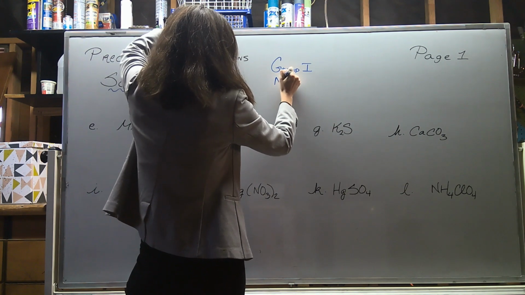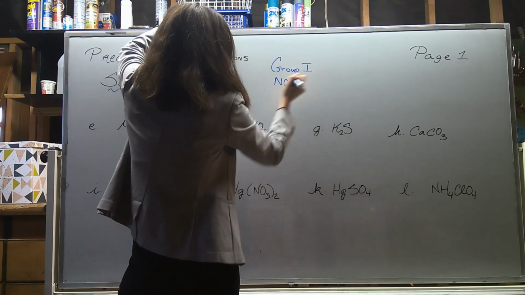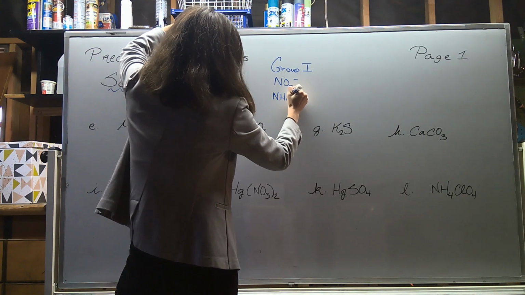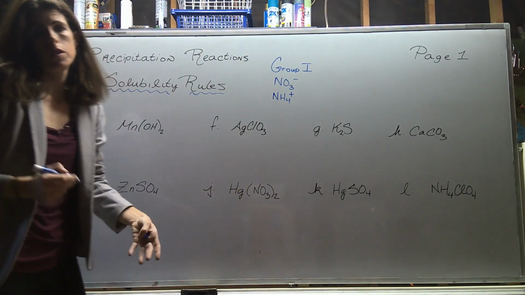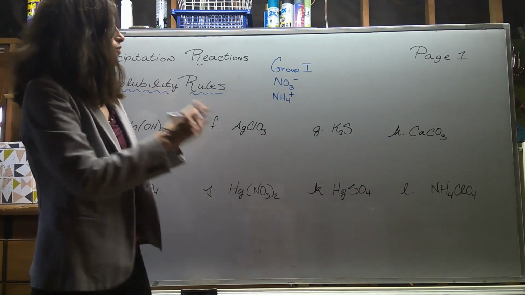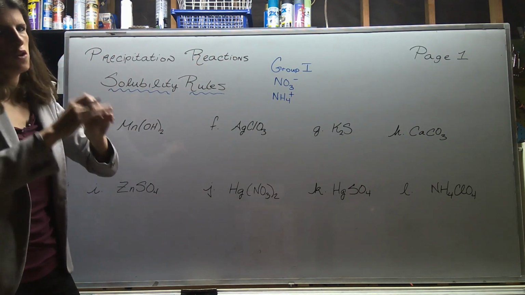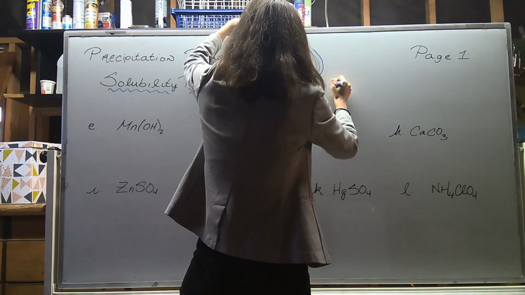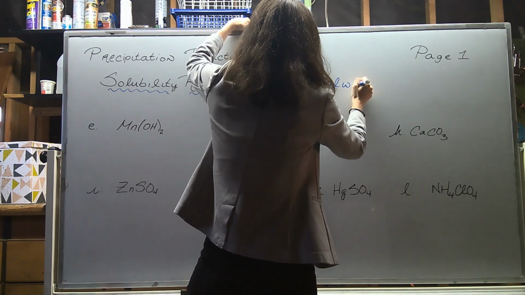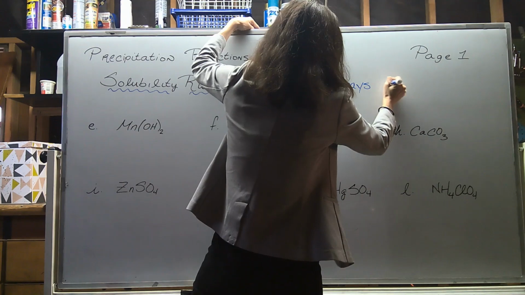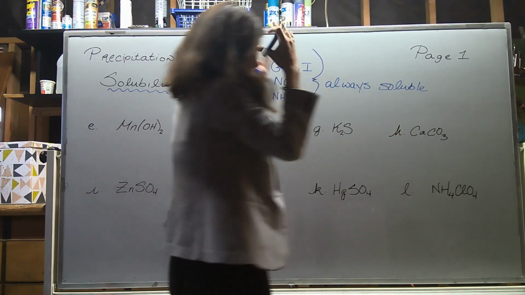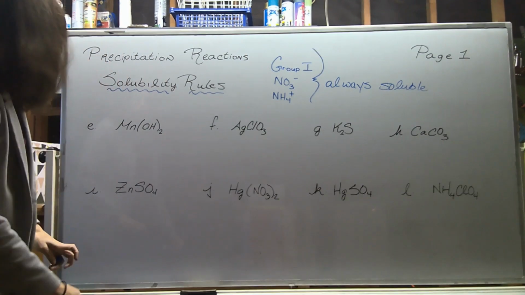Any compound that contains a nitrate is always soluble. And any compound that contains ammonium is also always soluble. So for me, I was always zoning in on those. There's no exceptions to these. Those were my guaranteed points, because the rest of the rules would just turn into gibberish in my head.